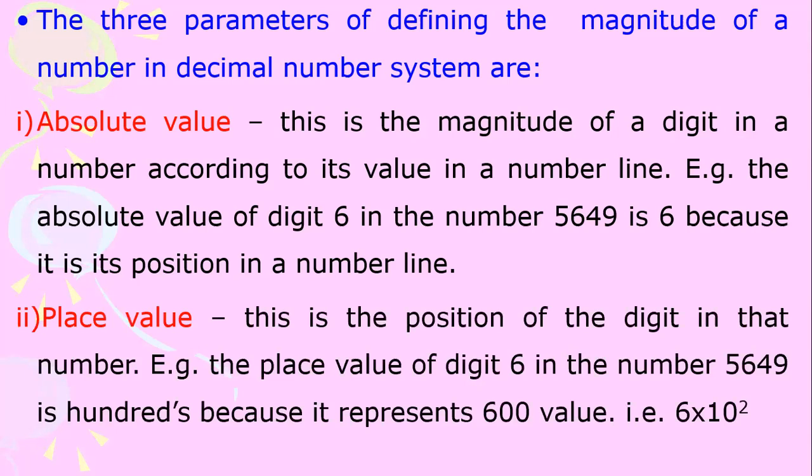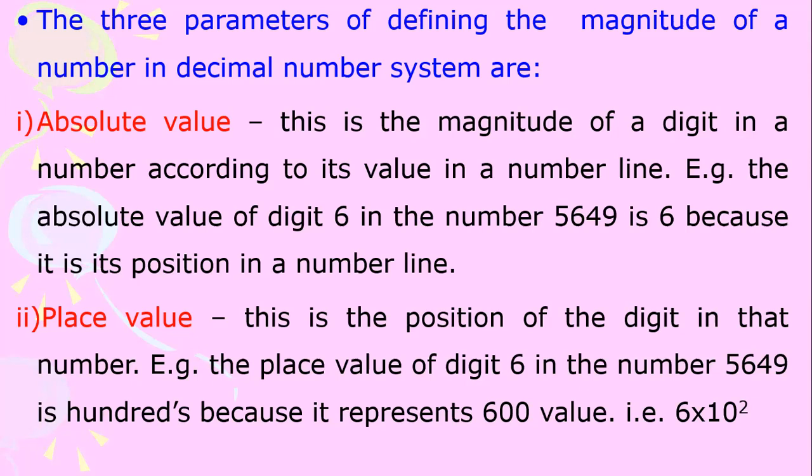The second one is place value. This is the position of the digit in that number. For example, the place value of digit 6 in the number 5649 is hundreds. Why?